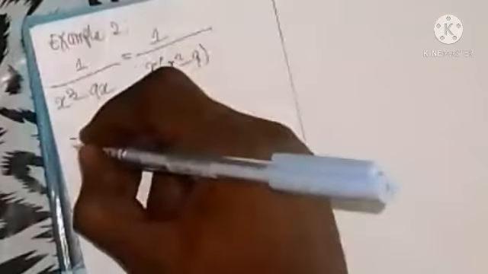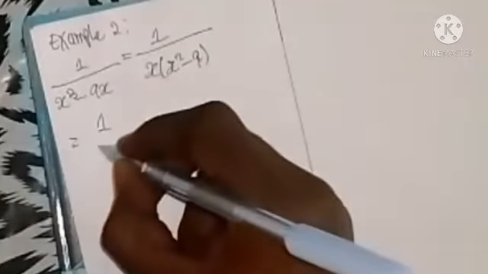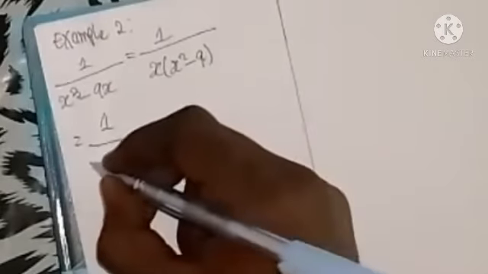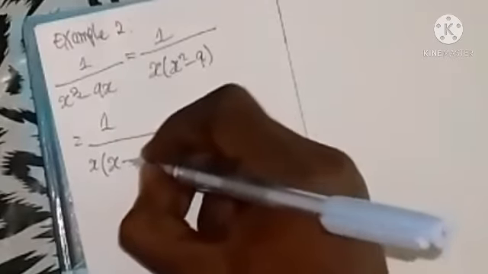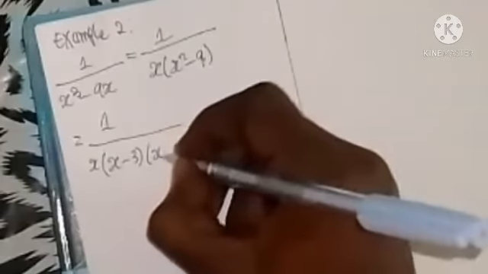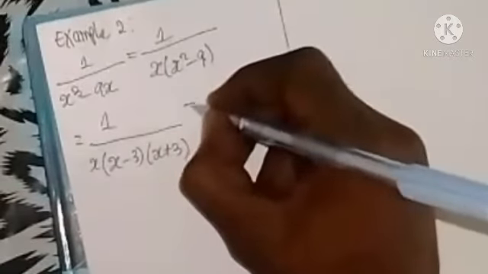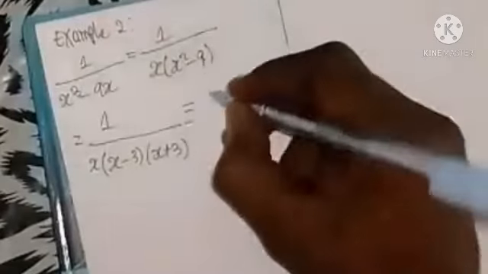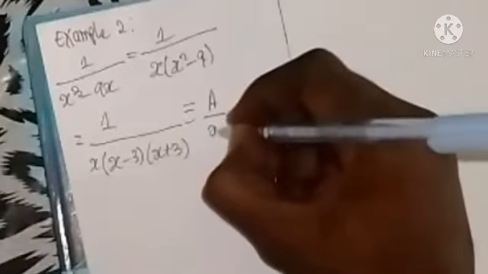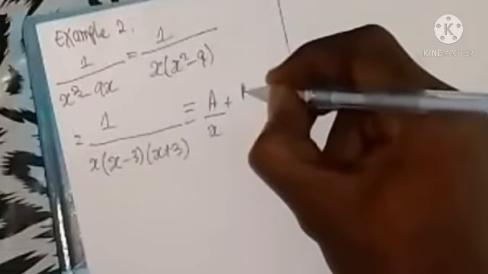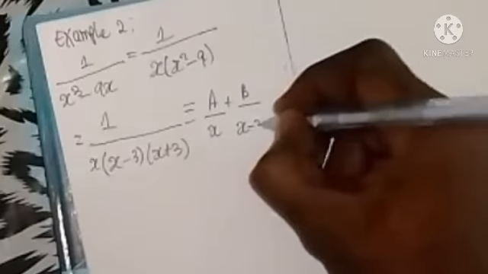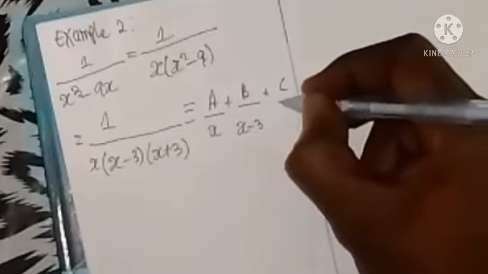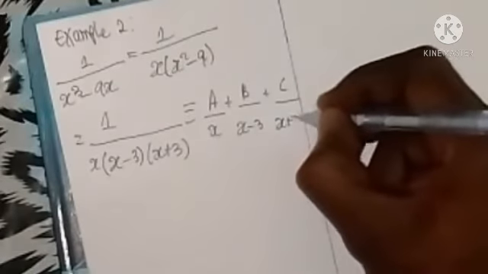So we now have it equal to 1 divided by x into x minus 3, x plus 3. And when you represent this, it's going to be a on x plus b on x minus 3 plus c on x plus 3.